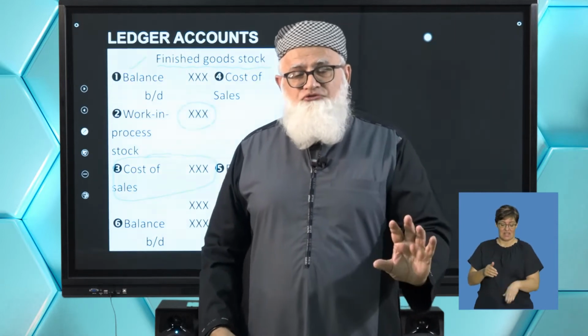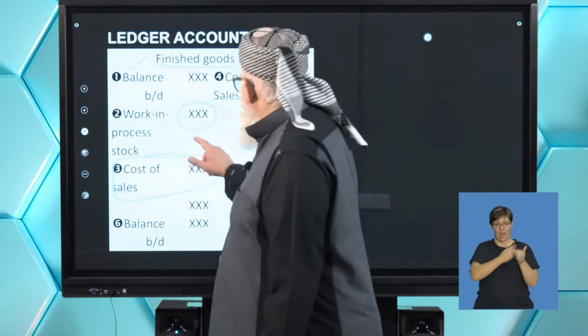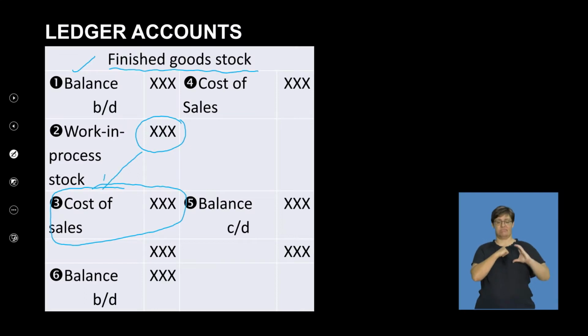A debit to finished goods. Why? The goods are coming back into my showroom. And obviously, you're going to credit your cost of sales. Therefore, the contra entry, a debit to finished goods and a credit to my cost of sales, gives rise to this entry here. Number 3. Watch here.